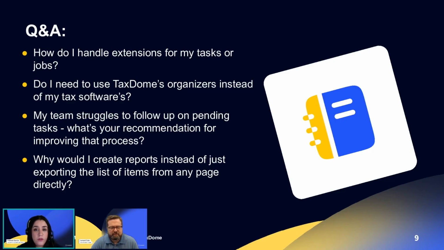But there's one thing that you can do. You can include a stage for extensions, or you can create a whole pipeline called extensions. Or number three, you can use a feature called job statuses. This is actually relatively new. Wherever the client is sitting on the stage, you change the status of the job to extension and it'll just sit there until you change it or until you create a trigger to change it.